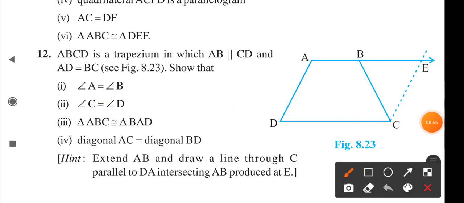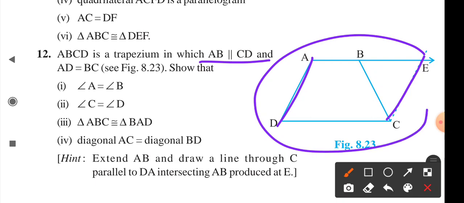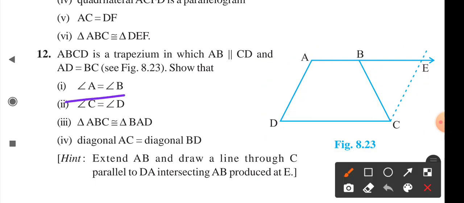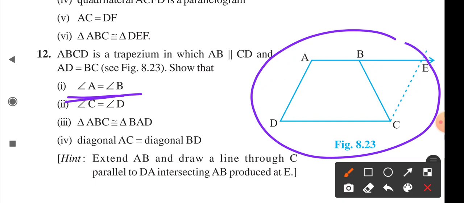When you write it in your copy, first you will write that since AB is parallel to CD and AD is parallel to EC, hence we can say that AECD is a parallelogram. Now see that we have to make angle A equal to angle B. So if you will see this parallelogram, you know that AD is equal to BC. From where does it come?